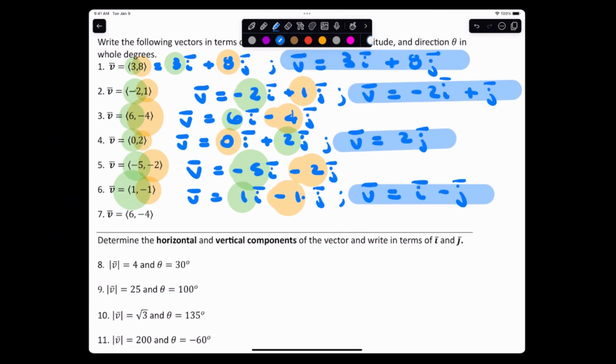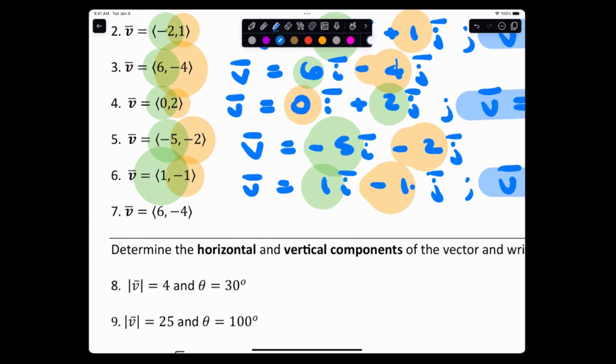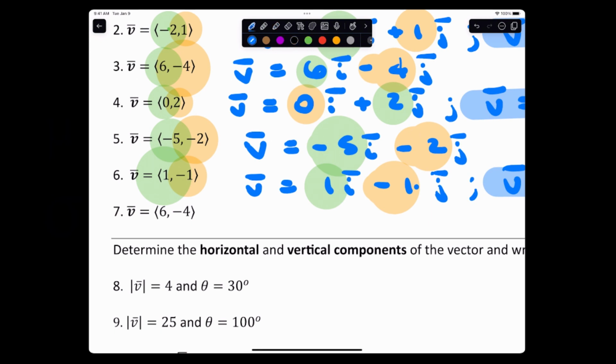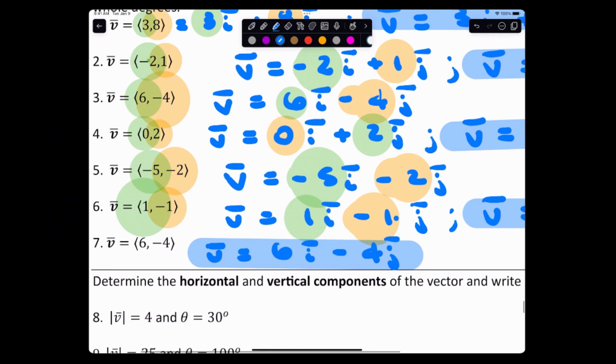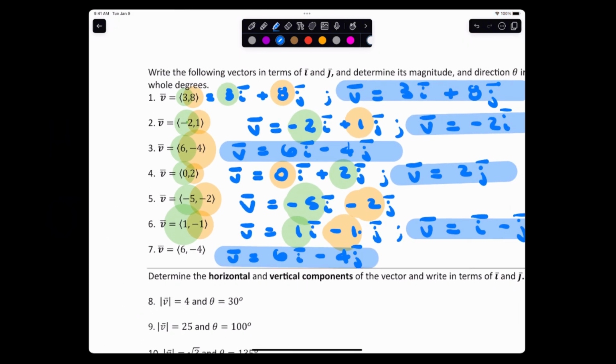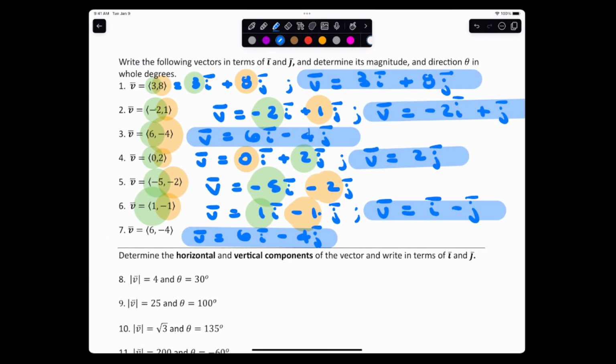Okay, you guys have any questions on those? And then you say, well, what about this last one here? Well, this is going to be, vector v is going to get written as what? 6i minus 4 what? Minus 4j. There you guys go. Here are your vectors in ij form. Okay, is that easy peasy lemon squeezy?